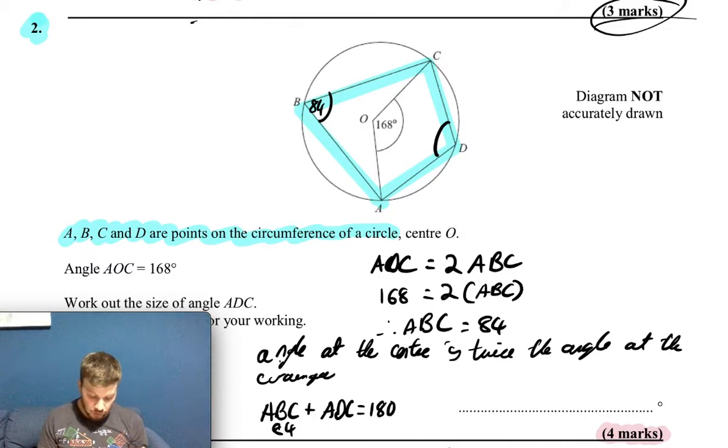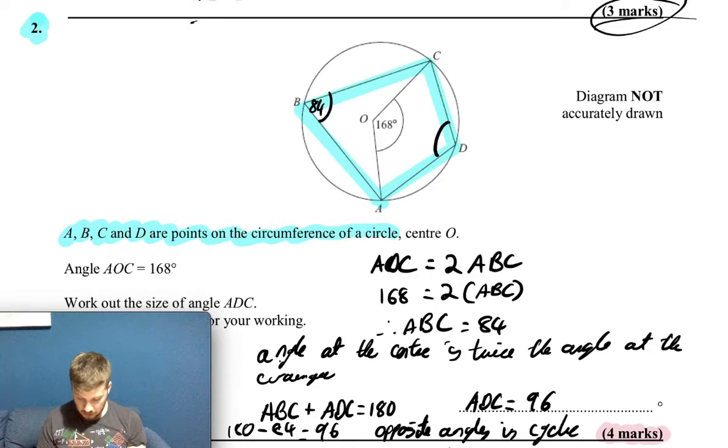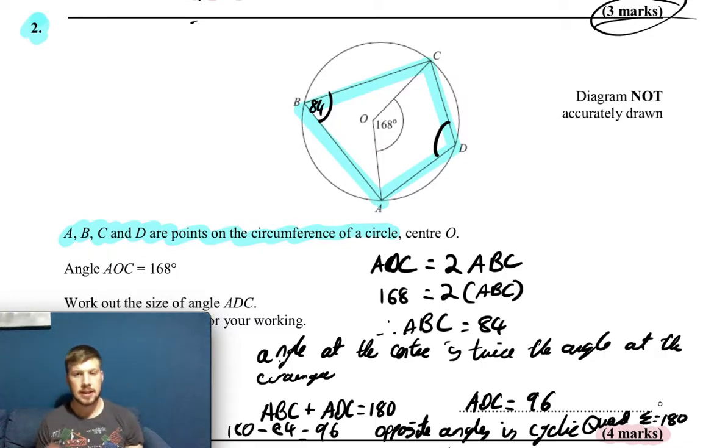So 84, and if I take that from 180, 96. So ADC is equal to 96. And again, I need the reason. Opposite angles in cyclic quad sum to 180. Okay, lovely.